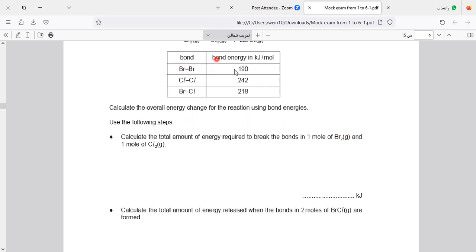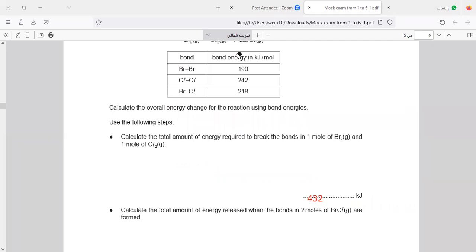Br2 is 190 plus, if you need to break down Cl2, Cl bond Cl is 242. This is the energy required to break the bonds. 190 plus 242, 432. The answer here, 432.